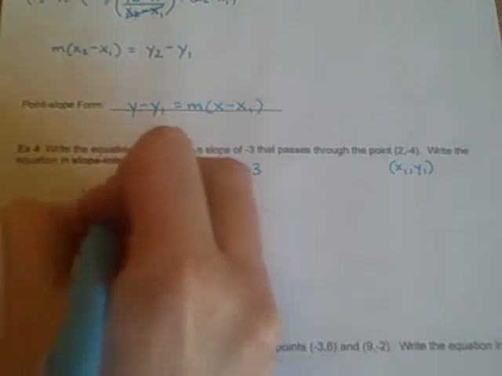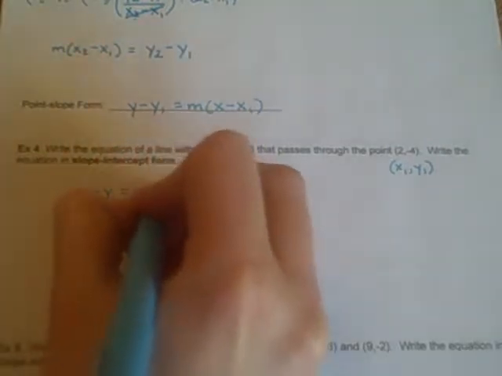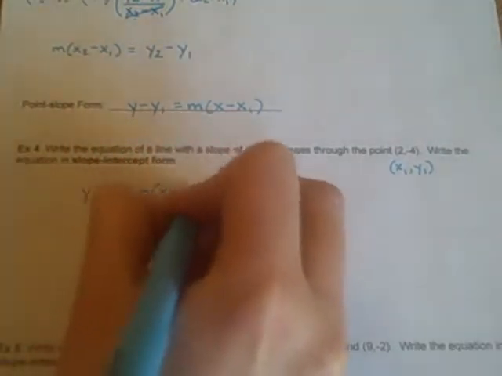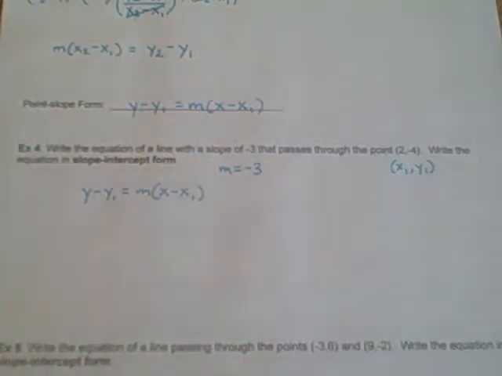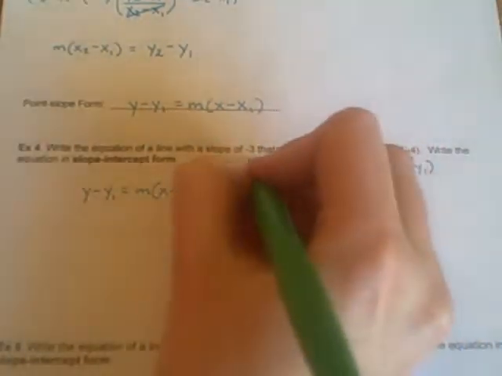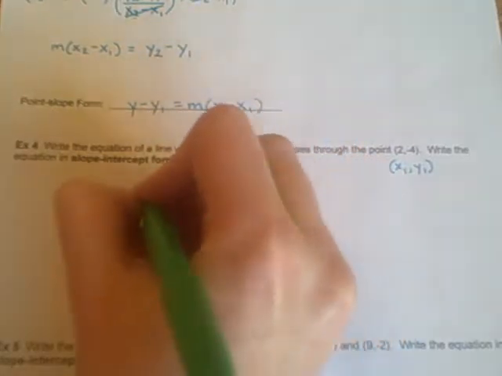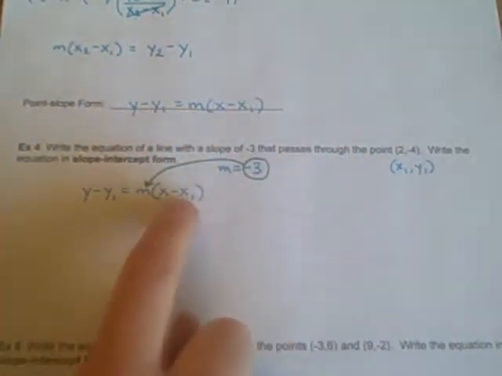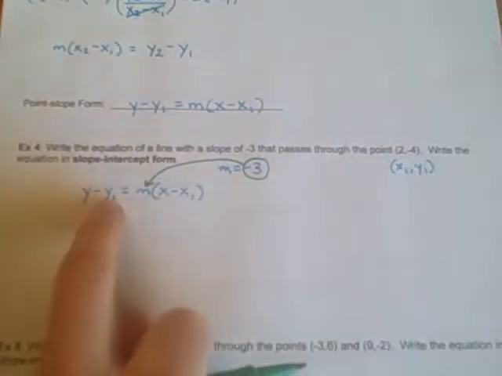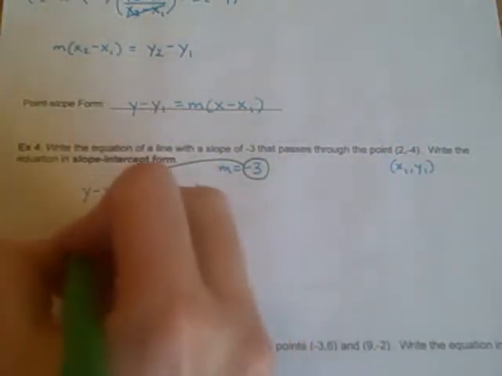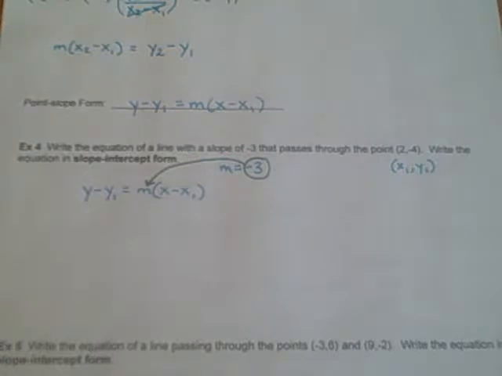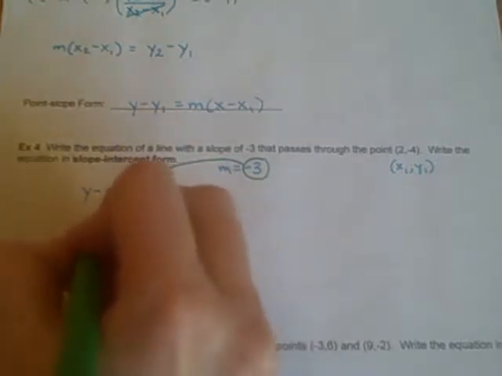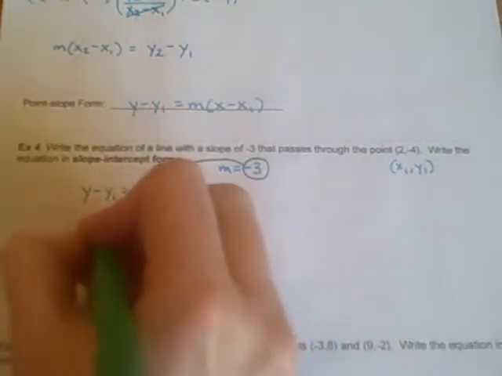So my form is y minus y1 equals m times x minus x1. All right, we have a little bit of plugging in to do. I need to take this -3 and plug it in for m. And then my x1 will go right here, and my y1 will plug in right here. So that makes y minus my y1, which is -4.